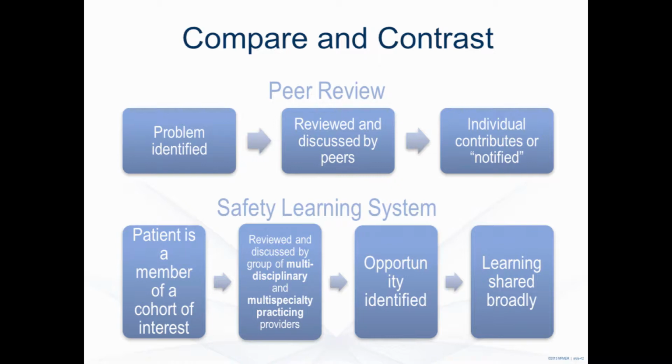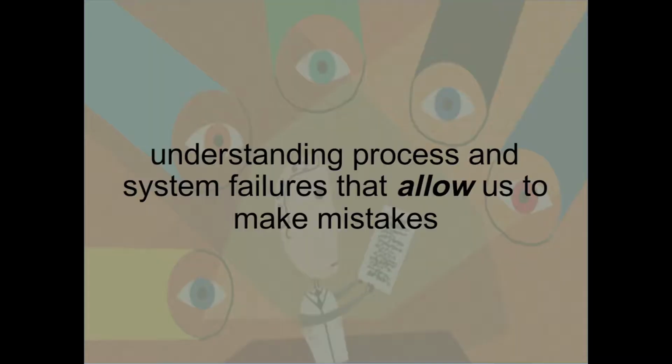It could be readmissions, it could be sepsis, it could be mortalities. Pick a cohort where your organization is trying to improve. Review and discuss those cases as a multidisciplinary, multi-specialty practicing provider team and identify all the opportunities for improvement possible. Share that learning broadly so that all of your providers can learn, not just the ones who are affected by a particular reported case, as often happens in a peer review setting.